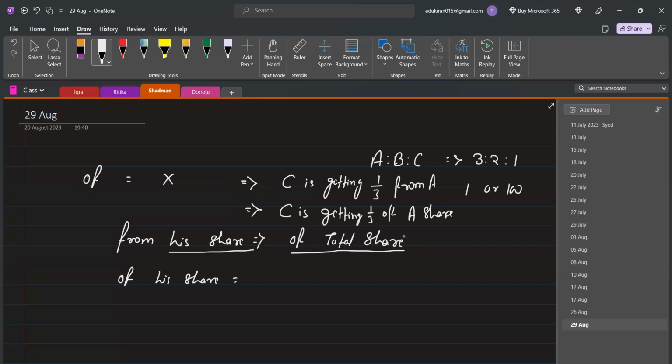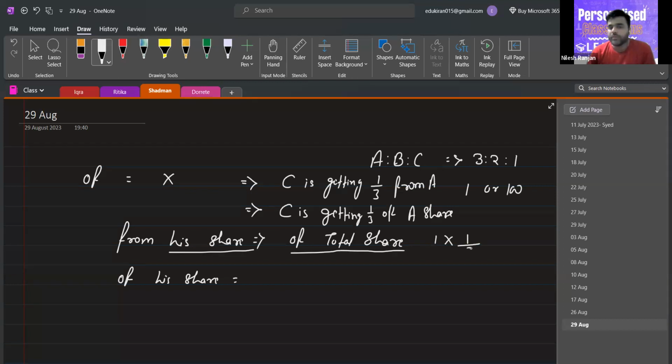If you calculate of total share, then it will be 1 multiplied by 1/3, so it will always be 1/3. Whatever is given in the "from" case, the result will be the same, because you multiply it with 1.